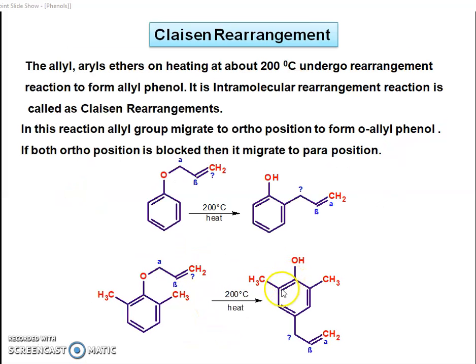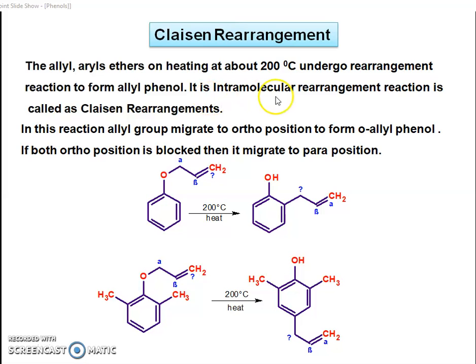Next rearrangement, we will see the Claisen type of rearrangement. When allyl aryl ether is heated at 200 degrees centigrade, it undergoes a rearrangement reaction to form allyl phenol.